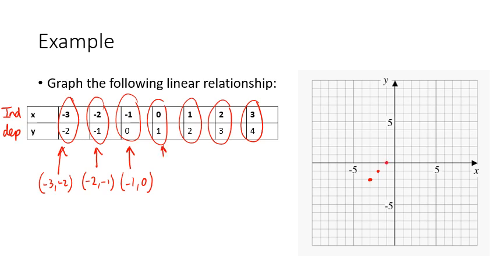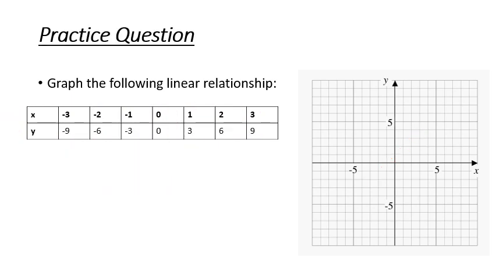My next set of coordinates is simply going to be 0, 1. So you can see that the top number is my first number in the set of coordinates and the bottom number is my second number in the set of coordinates. And you can see that I'm just plotting this line, and it's going to end up a straight line just like this. And that's how we can plot a linear relationship using a table of data.